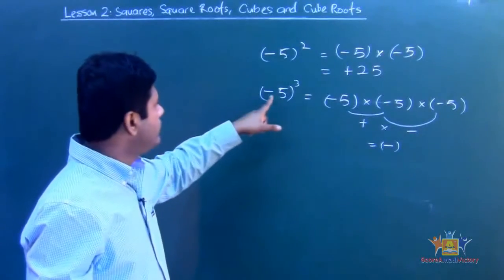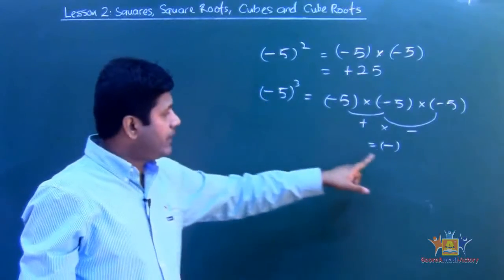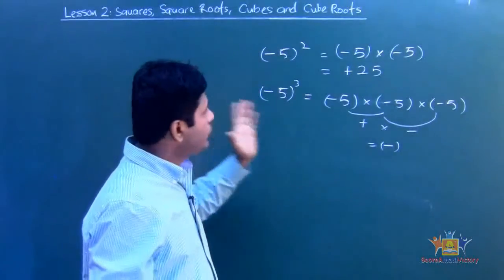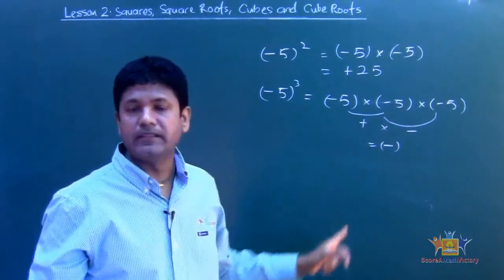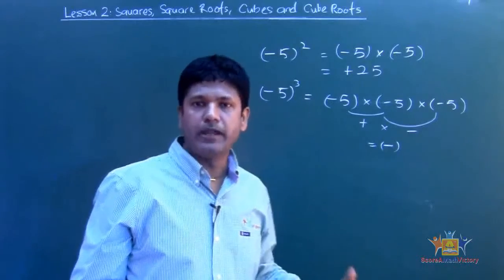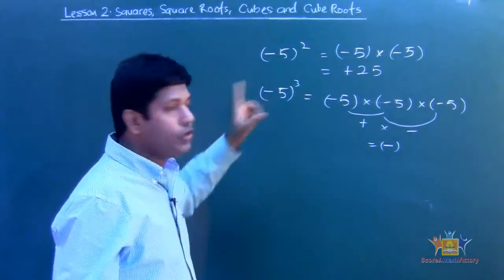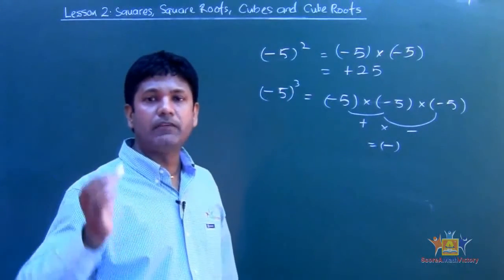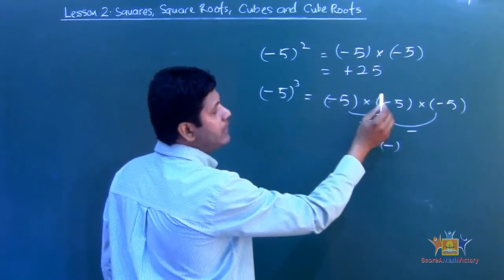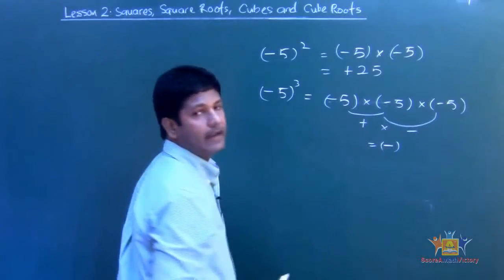So whenever you cube a negative number, your final answer will always be negative. This way, you don't have to spend time figuring out the sign, but you concentrate on multiplying the numbers. Keep in mind again, when you cube a negative, the final answer will always be negative, because negative times negative is positive, and positive times negative is negative.